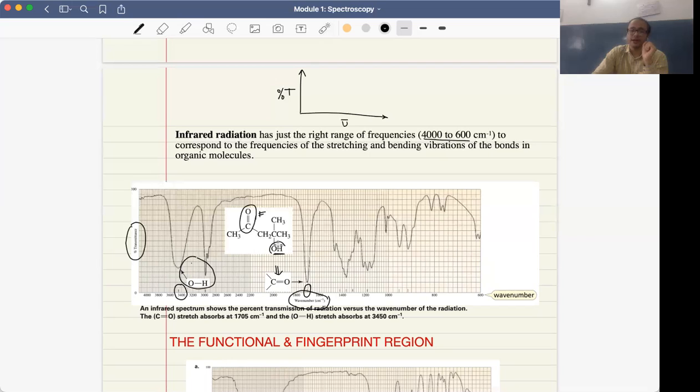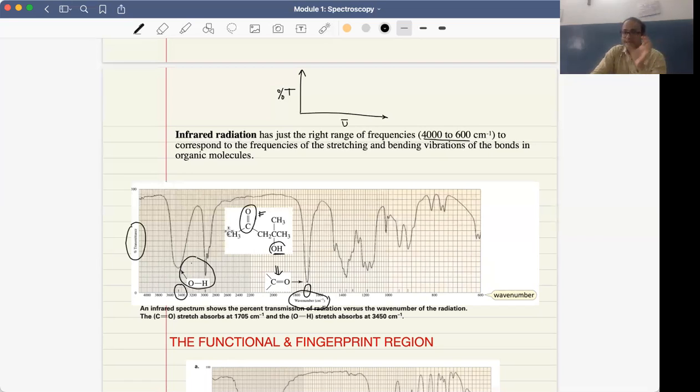In the same way, if you have a strong band at around 1700 centimeter inverse, you say the molecule also contains a carbonyl group. When we put any sample in infrared spectroscopy, it gives a spectrum, and we look at the peaks and their wave number values, compare which functional group they match, and predict that the molecule has these functional groups.